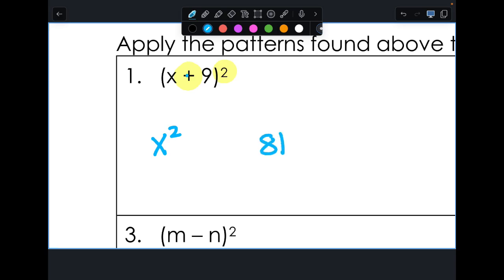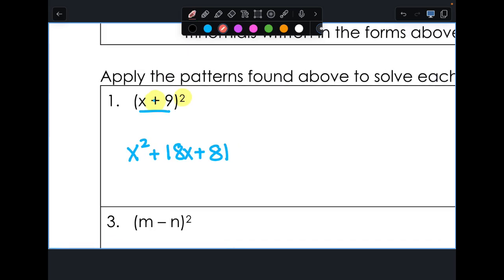Now multiply the two. X times 9, 9x. Now double it, 18x. So, plus 18x.